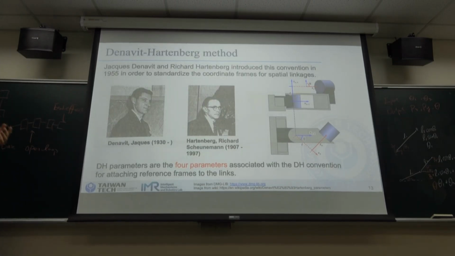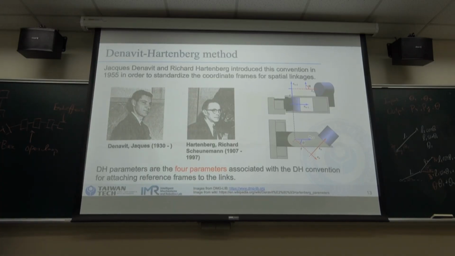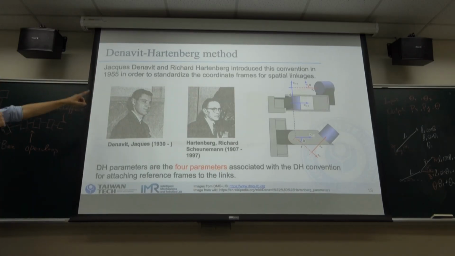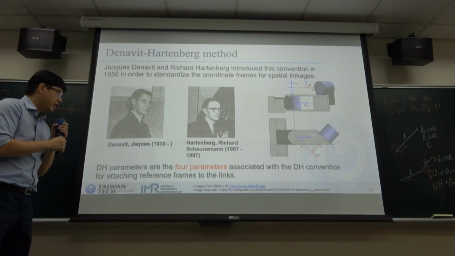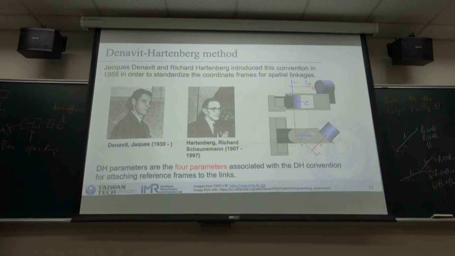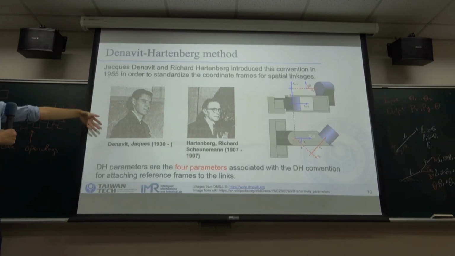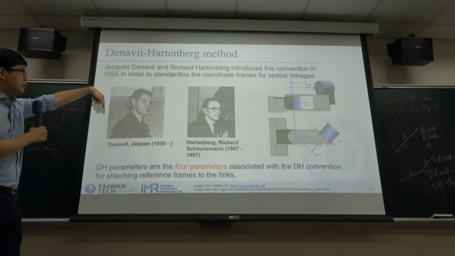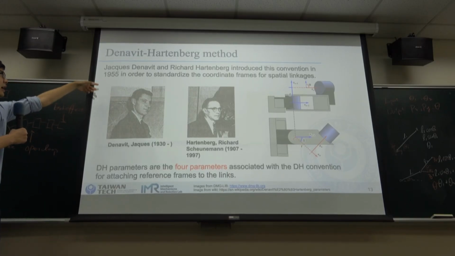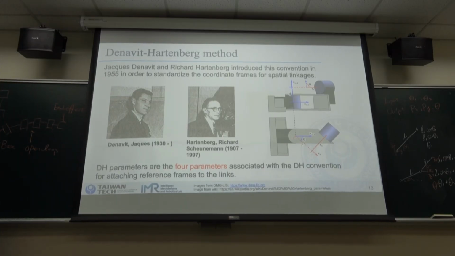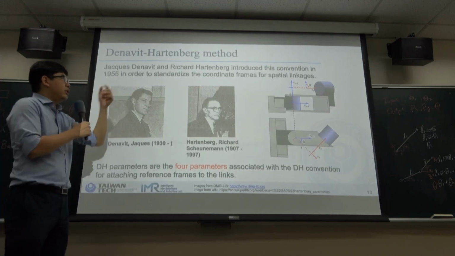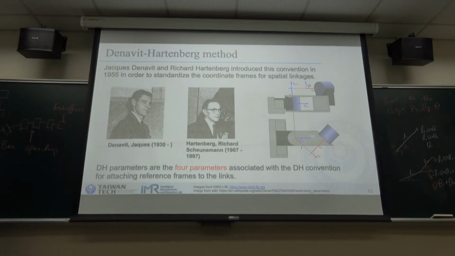This is called the Denavit-Hartenberg method. It was introduced by these two famous, I would say, mechanicists. Denavit and Hartenberg introduced this convention in 1955 to standardize the coordinate frames for spatial linkages.